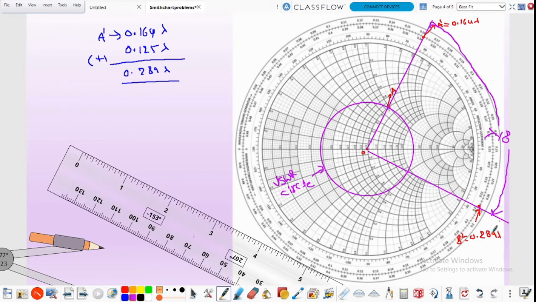After that, join origin and point B dash. This line OB dash cuts the constant VSWR circle, the constant S circle. That cutting point, this intersection point, is considered as point B.